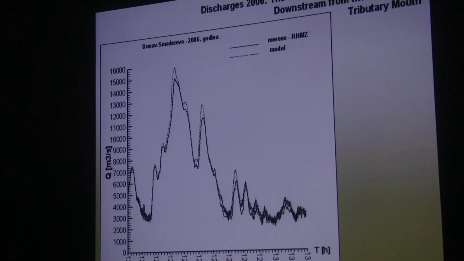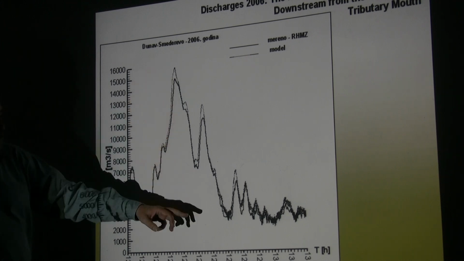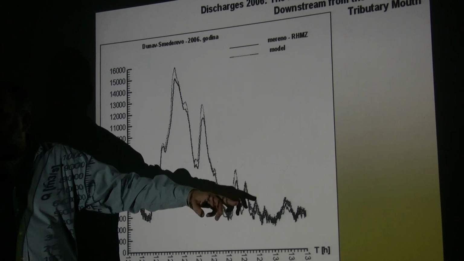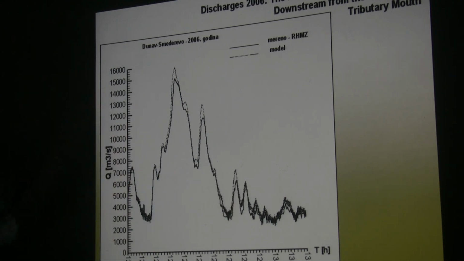This is further downstream in Smederevo, which is about 50, 60 kilometers downstream from Belgrade. This is discharge now, so they have discharge measurements from Hydromet services, so we compare discharges. You can see that our computations show up and down zigzagging as opposed to measurements.